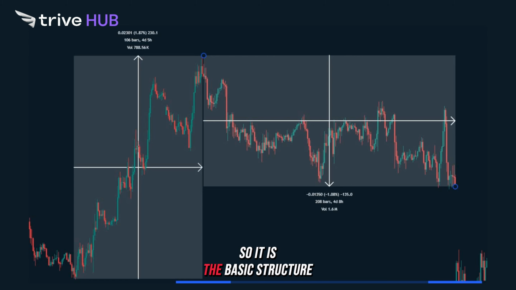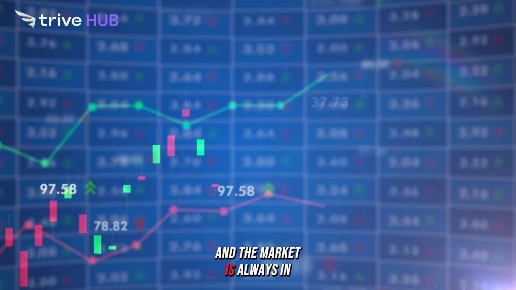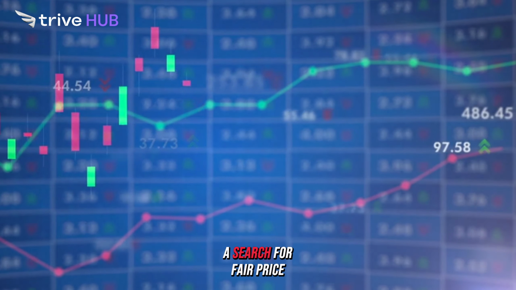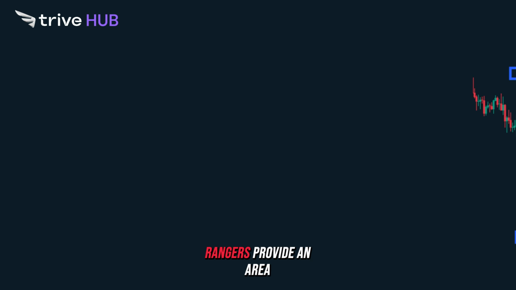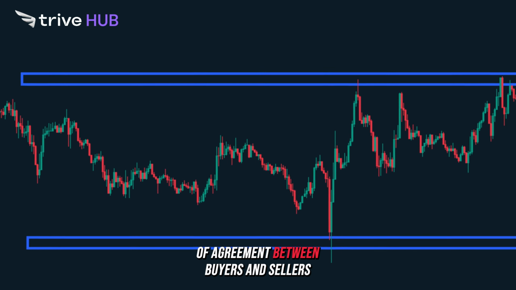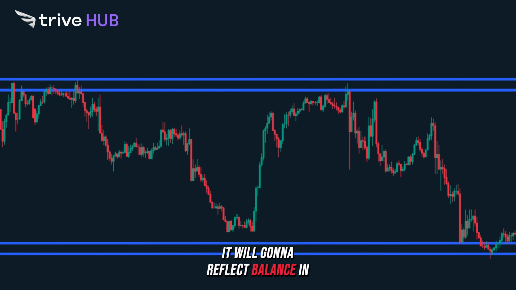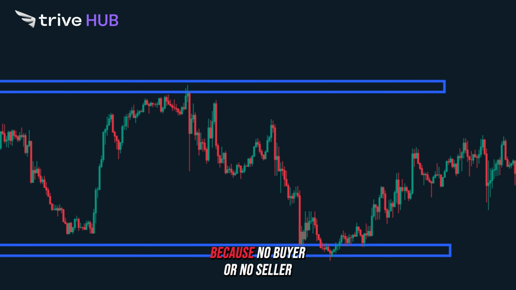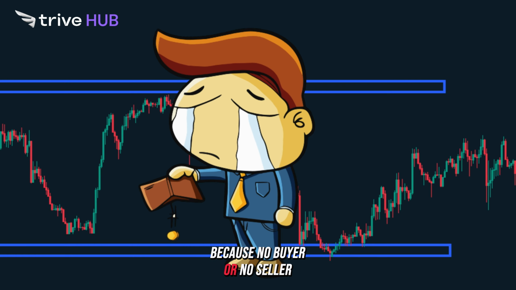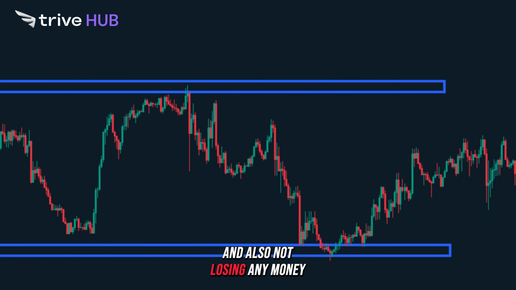It is the basic structure of the market, and the market is always in search of a fair price. Ranges provide an area of agreement between buyers and sellers. It reflects balance in the market because no buyer or seller is making money in it, and also not losing any money.